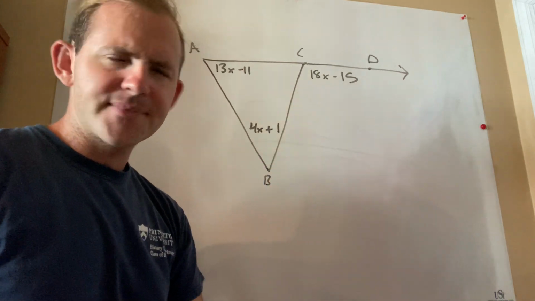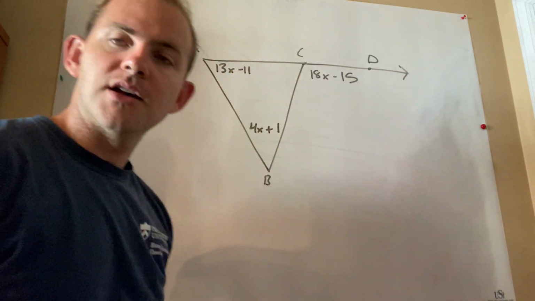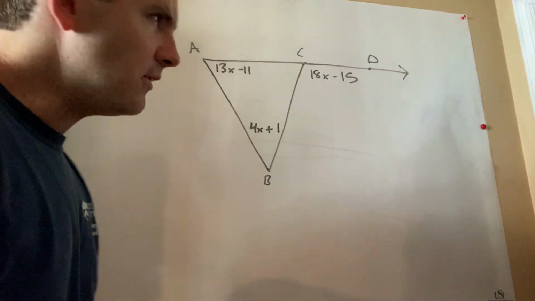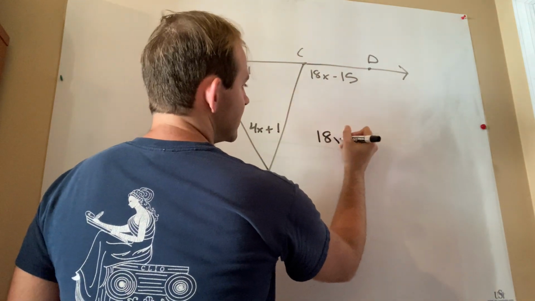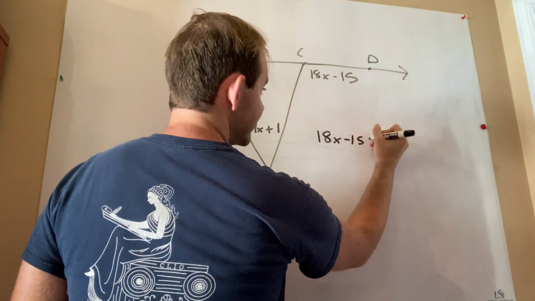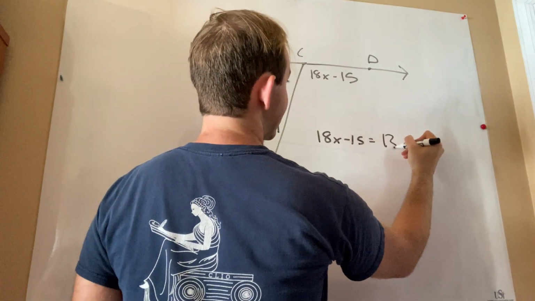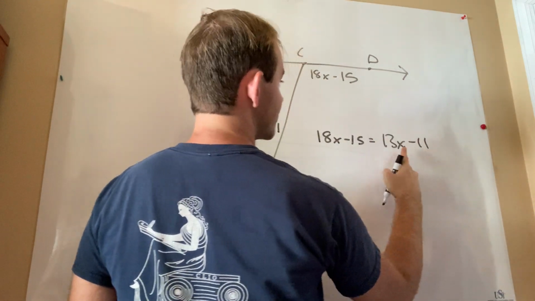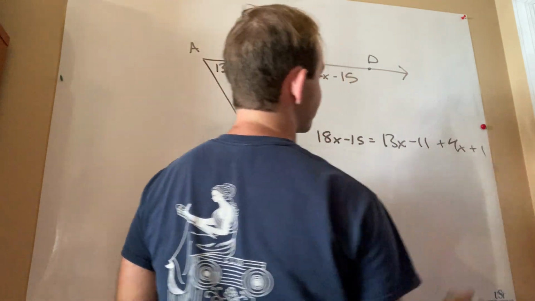Let me say that again. The exterior angle equals the sum of these two. So all I have to do then is actually translate that into algebra. So the exterior angle, the 18x minus 15, equals these two added up. So 13x minus 11 plus 4x plus 1.